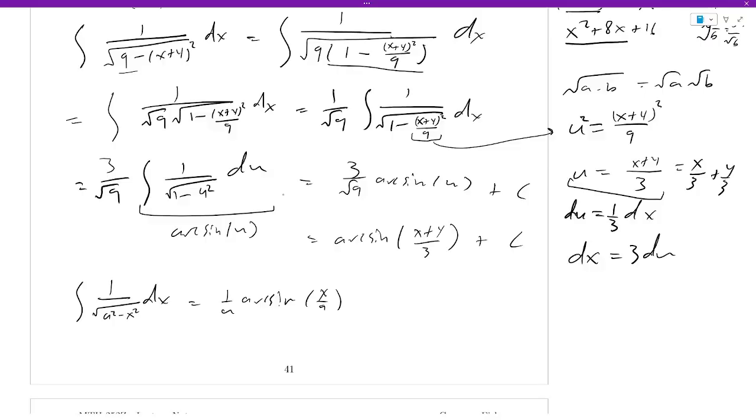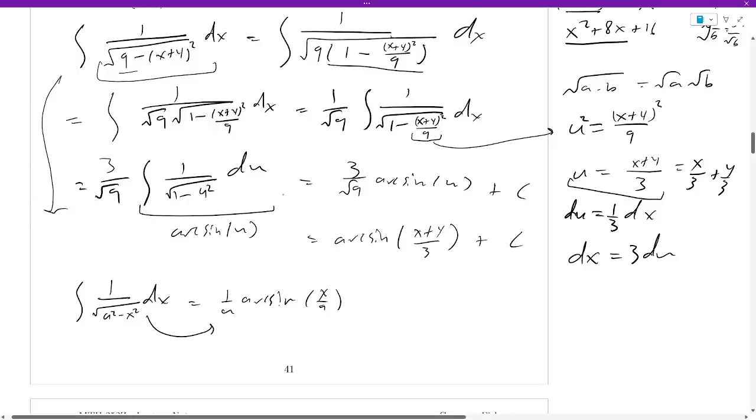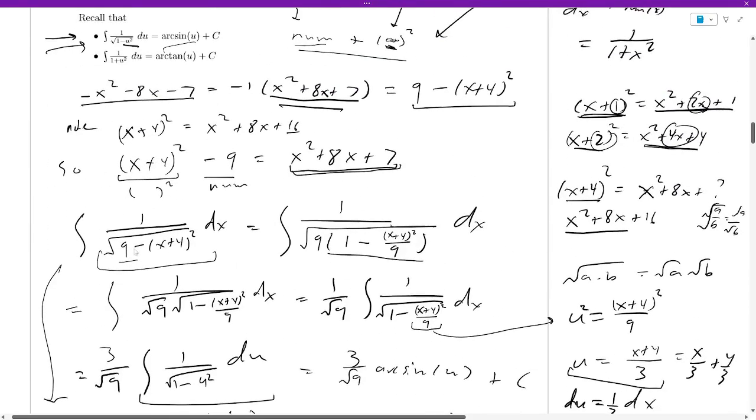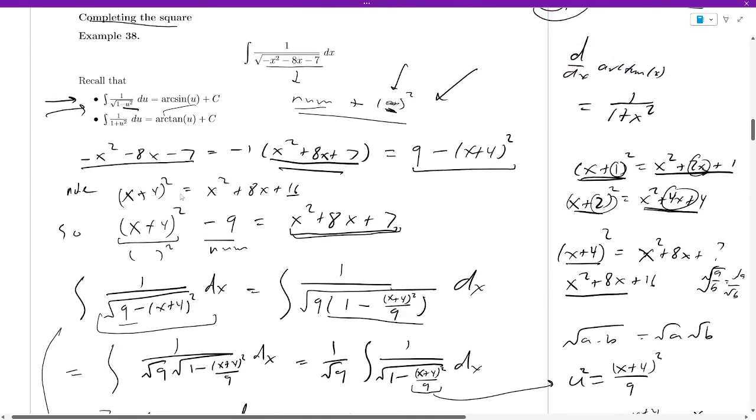So the logic of how to get from this side to this side is exactly this pulling the 9 out and then going to the arcsine thing that we just did. So I'll let you think through that if you're curious. And if you do have a situation like this, it is okay just to directly jump to here if that makes sense to you. But for us, we still had to get to this step in the first place. We still had to complete the square, so it's good to be able to know how to do that.